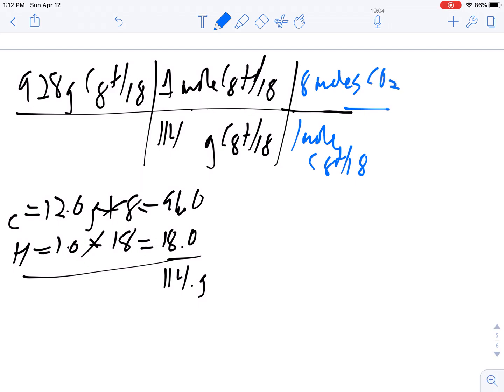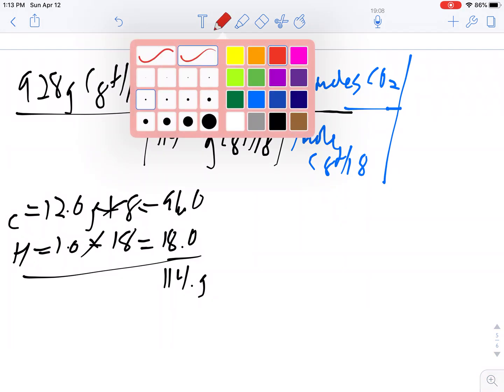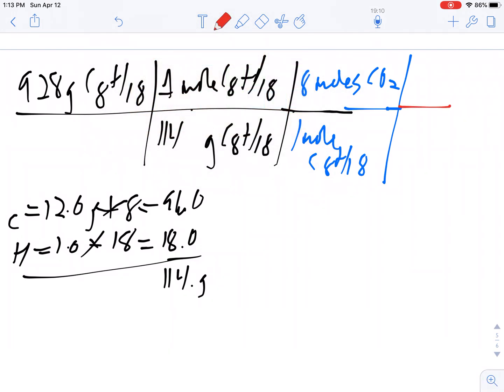Okay? And then the last step is to convert back into what you're trying to find. In this case, I'm trying to find liters of a gas. So for every 1 mole of a gas, I'm going to produce 22.4 liters.